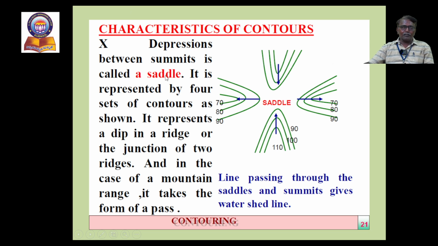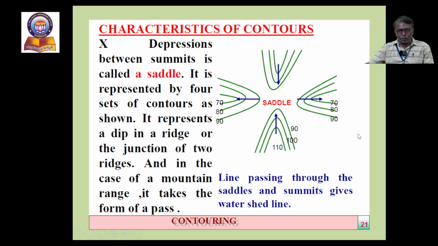The next characteristic is a saddle. A depression between summits is called a saddle. Here you can observe that it is a depression. This arrow mark shows that this is a depression, a valley line is there, and here a ridge line is there, a ridge line on either side.